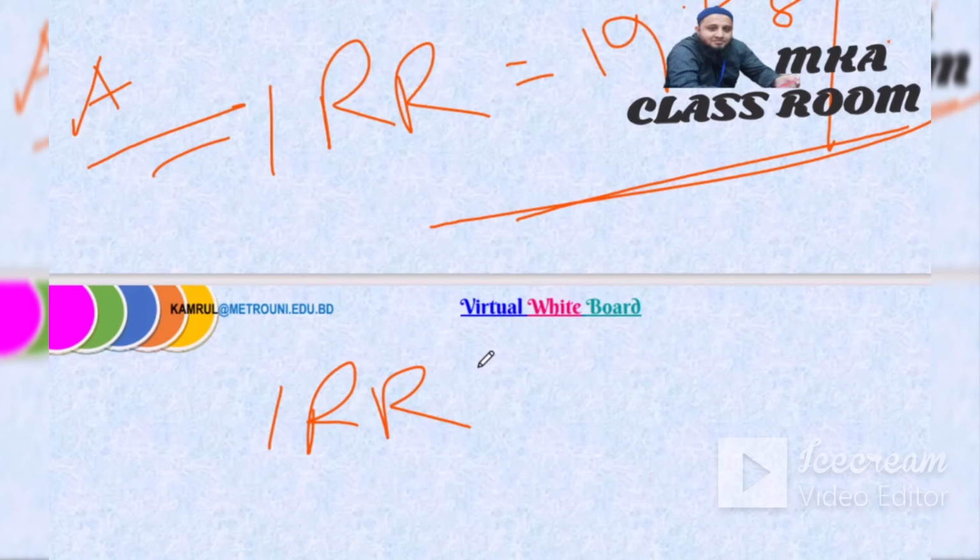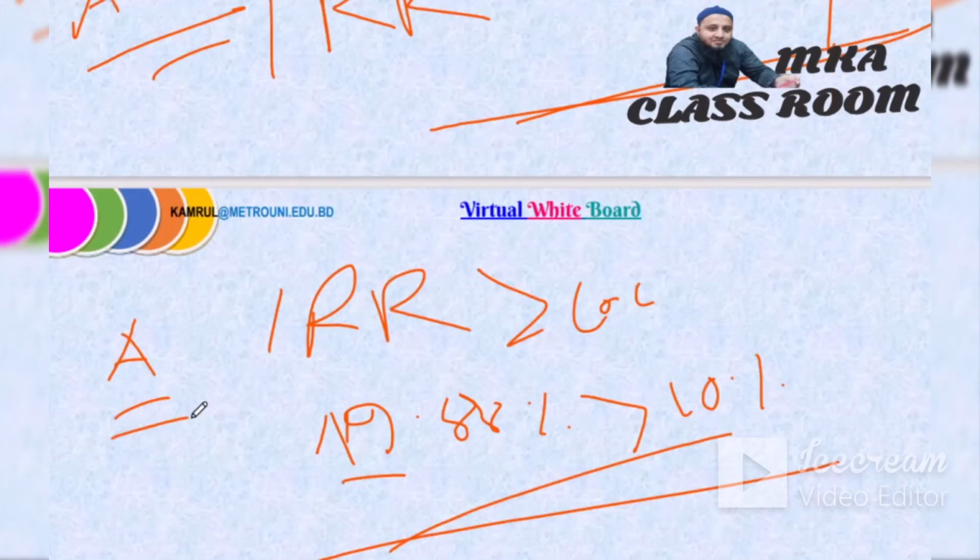And if you have a comparing problem, we can calculate project B's IRR. That was project A's IRR. Now we will see project B's IRR. We will now try to calculate project B's IRR.